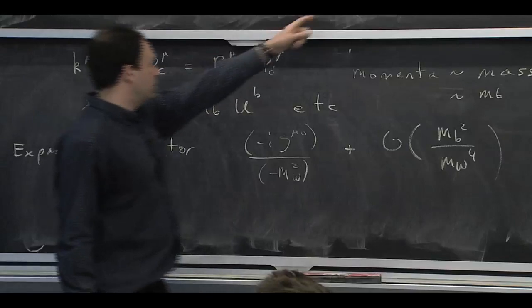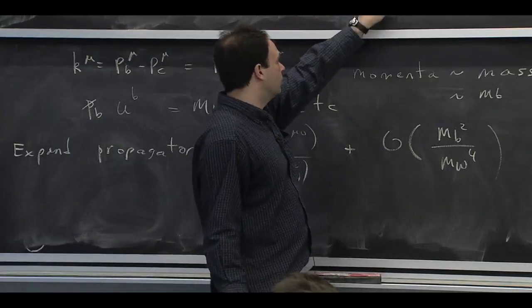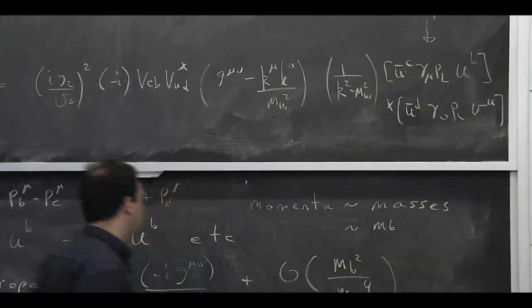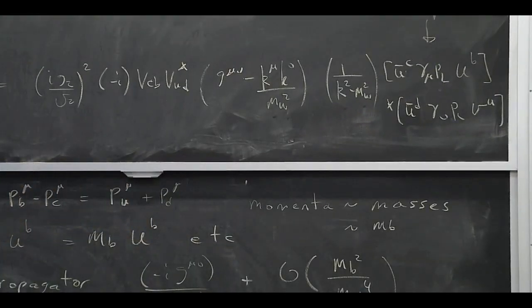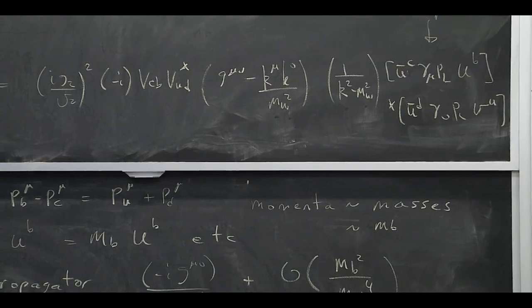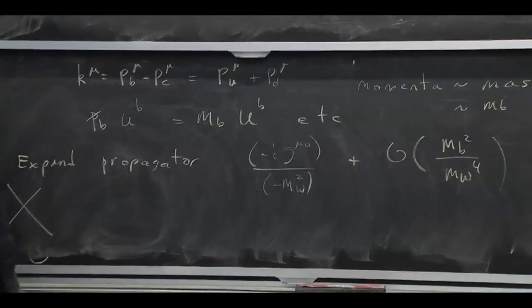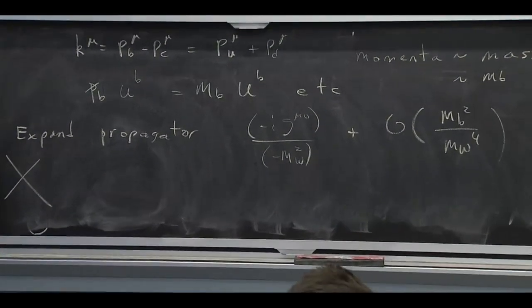So for example, this term here, we've just said that the k's are of order m_b, so it's down. And then we could drop the k squared here relative to m_W squared, so we just have that. And then we put that together, we can calculate the Feynman rule in the effective theory. The Feynman rule in the effective theory, we can determine the coefficient of it.